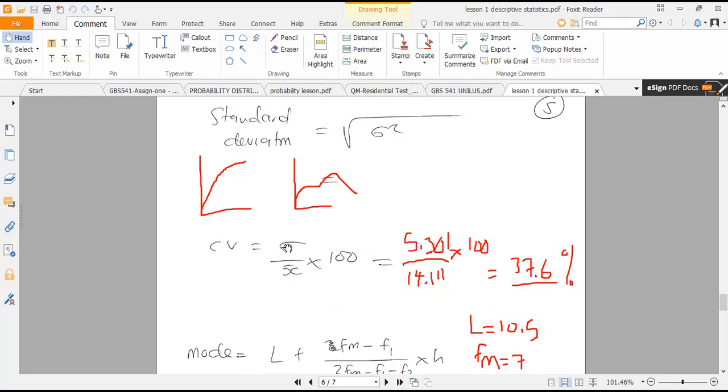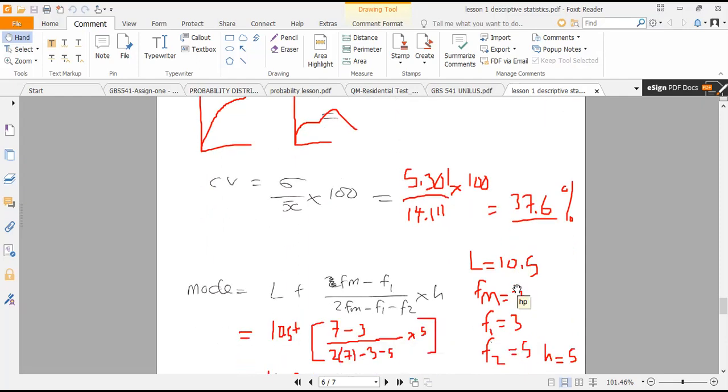It's simply standard deviation over mean times 100. So 5.3 over 14.11 times 100. This is how we find our coefficient of variation.